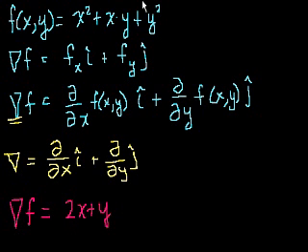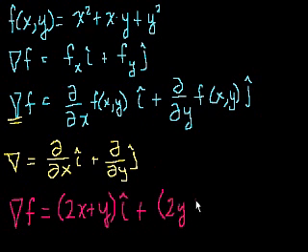That's the partial of this function with respect to x, and we multiply that in the i direction, plus the partial with respect to y. This is 2y plus x, and we calculated this in the 2 videos on the partial derivatives. And we multiply that in the j direction.